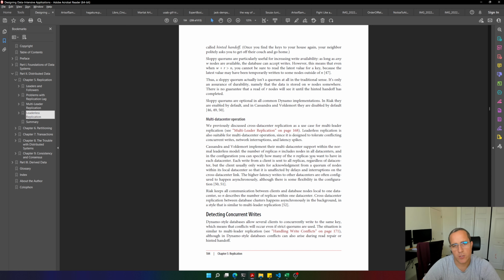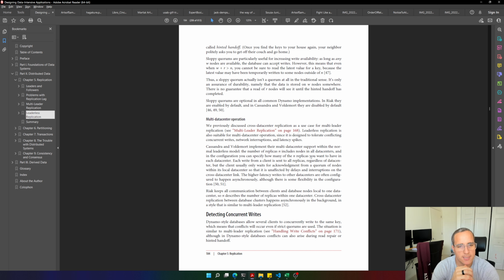Multi-data center operation. We previously discussed cross-data center replication as a use case for multi-leader replication. See multi-leader replication on page 168. Leaderless replication is also suitable for multi-data center operation, since it's designed to tolerate conflicting concurrent writes, network interruptions, and latency spikes.